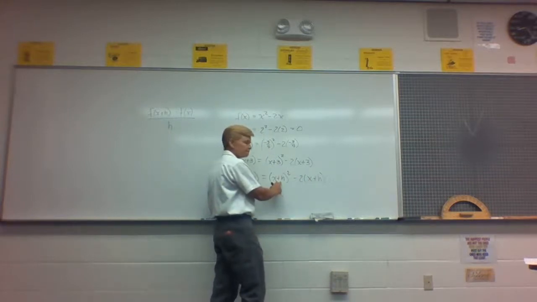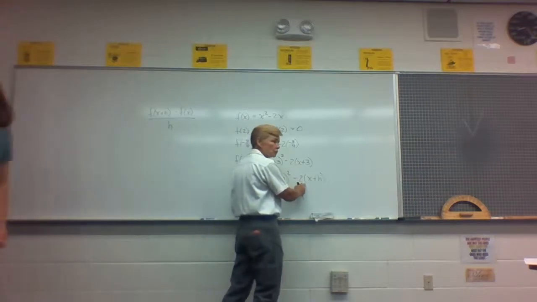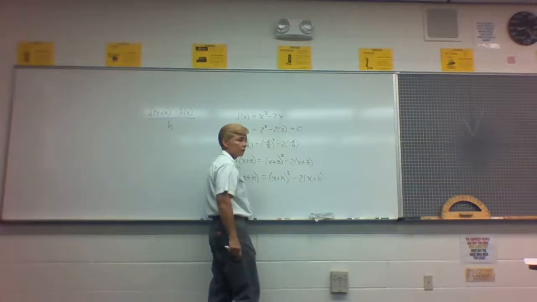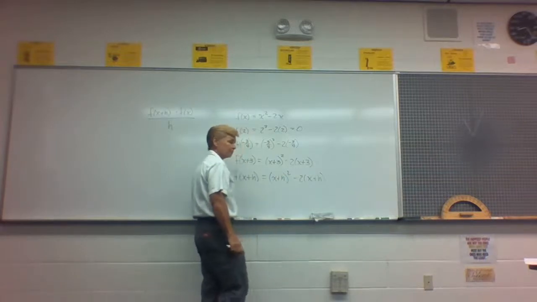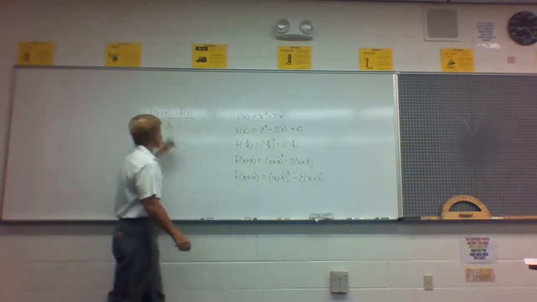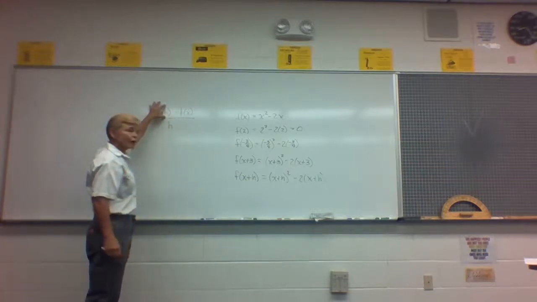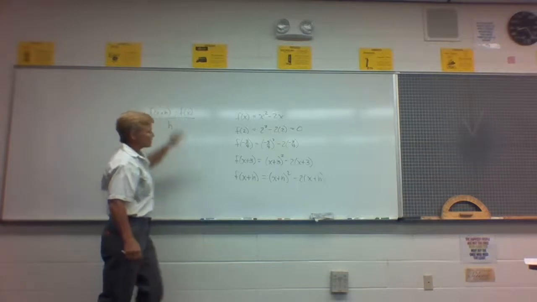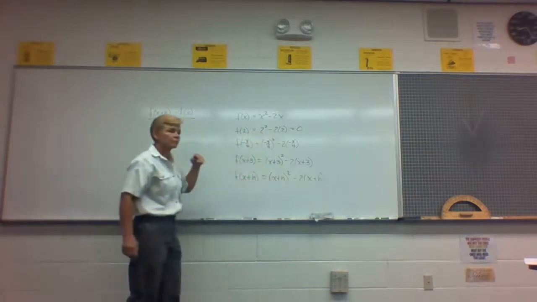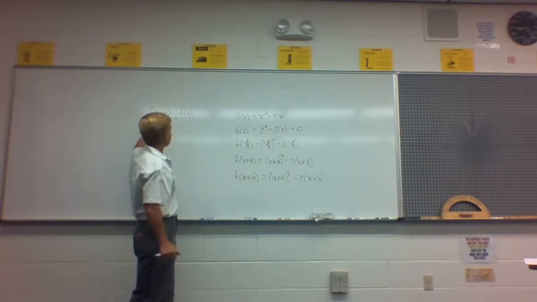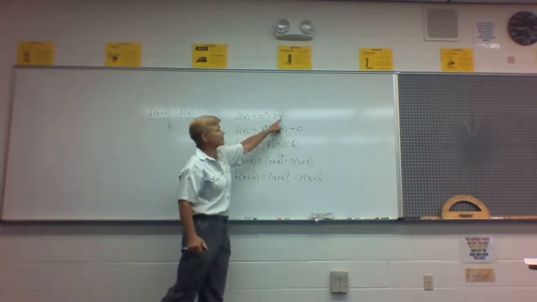You would FOIL this out, you would distribute this negative 2, and then combine like terms, right? Okay. The reason I chose this one is because that's the first thing you have to do in this. And so this very first thing that you have to tackle is this expression right there. That's the first thing you write down, because you're plugging in x plus h, that thing in there, for all of the x's in f.